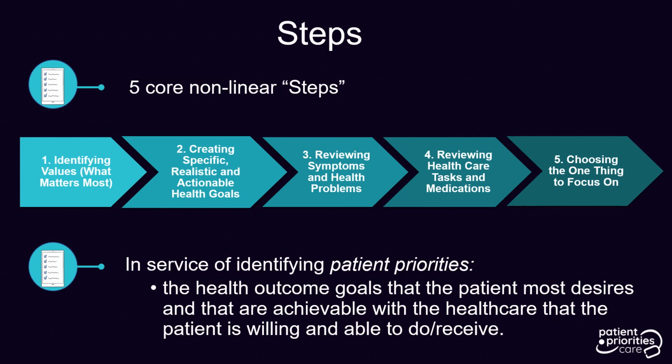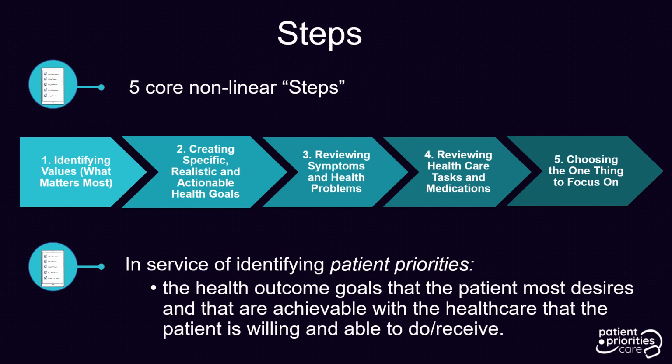Step 3 involves reviewing the patient's symptoms and health problems. Step 4 focuses on reviewing the patient's healthcare tasks and medications. Finally, step 5 helps narrow down this information to identify the one thing the patient most wants to focus on in their healthcare to achieve a goal.